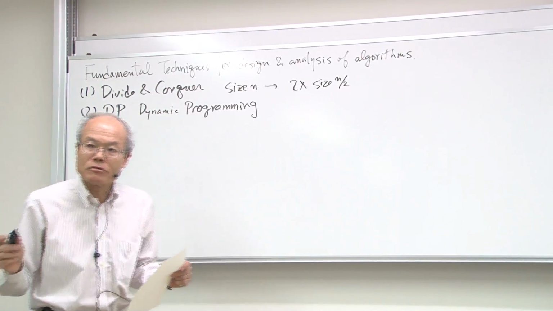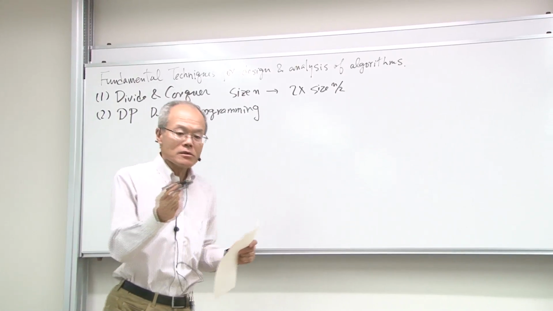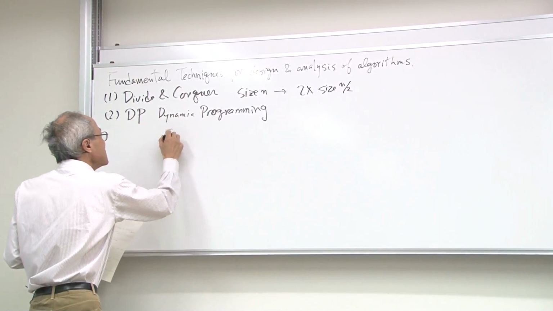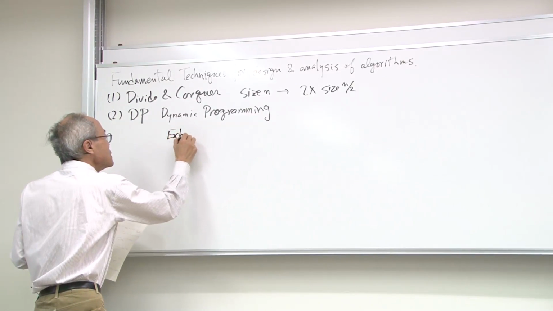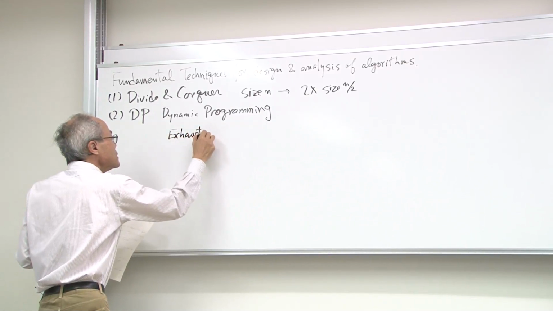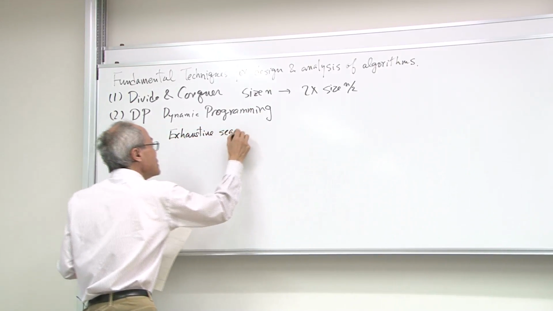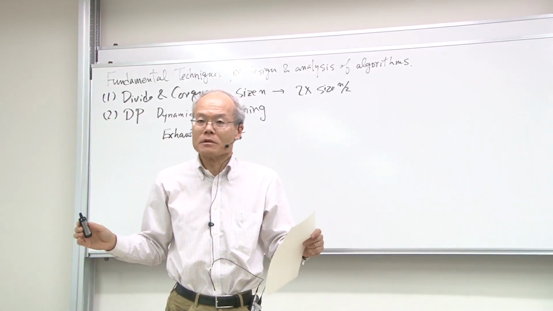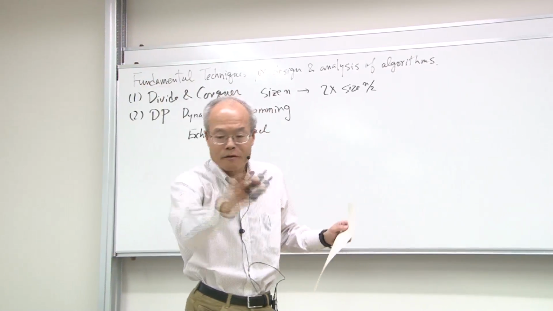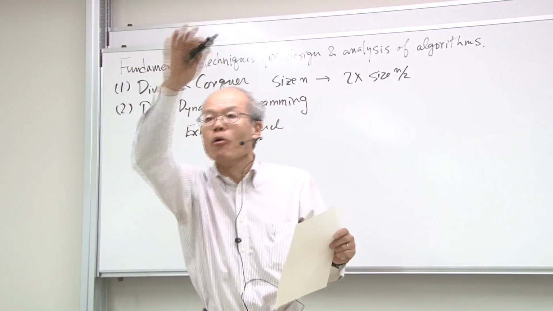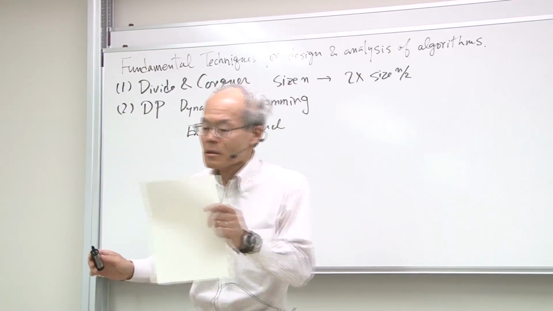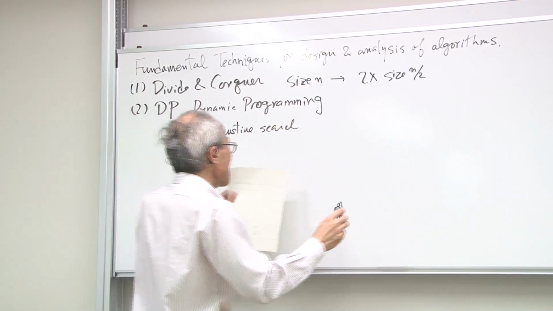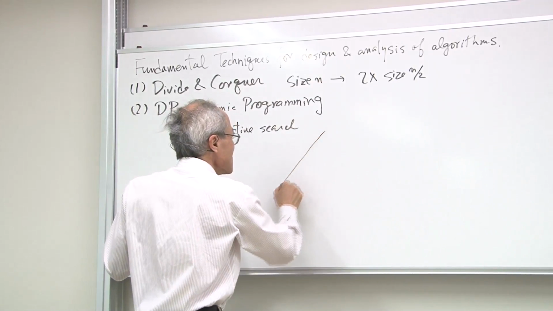We just try to do exhaustive search. So this is very fundamental, a very naive approach. We just try to find the answer by using the whole search, by using a tree structure.